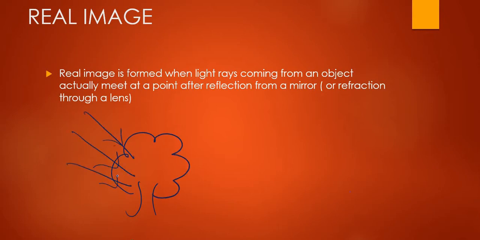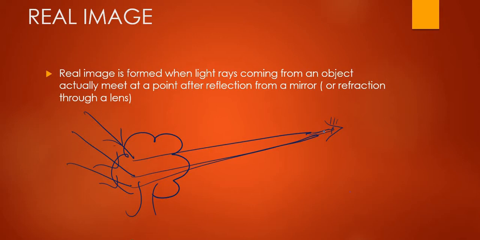Now this tree will reflect light. If a person is standing here, this reflected light is going to enter the eye of that person and an image will be formed on the retina. And then that person can interpret that the object in front of him or her is a tree.